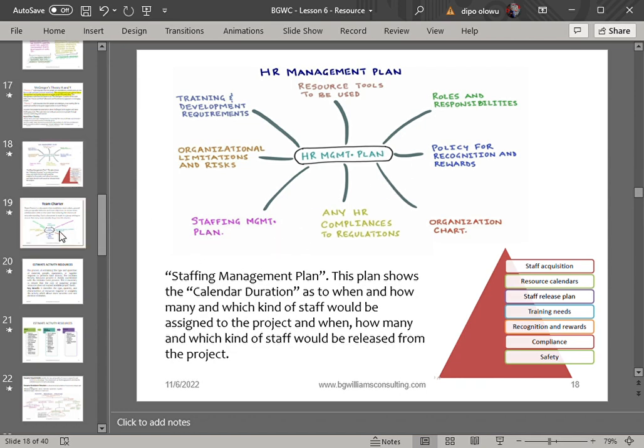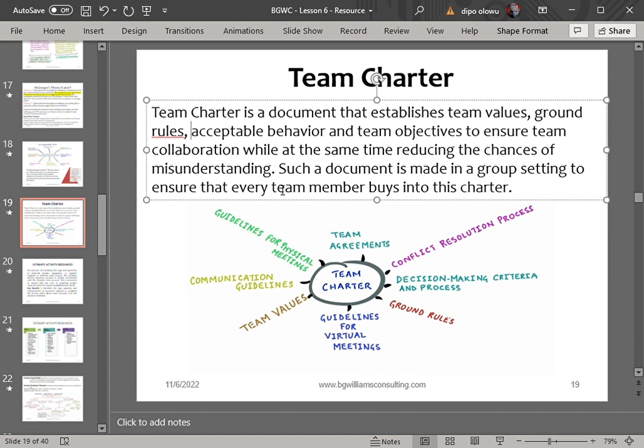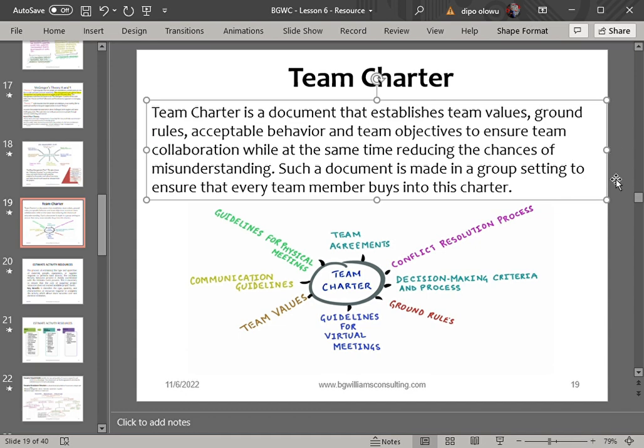All right. So now, one other thing that is important to discuss during the planning stage of your resources is what we refer to as a team charter. What is a team charter? A team charter, in a nutshell, can be referred to as the ground rules, the team's norms, the team's values, those things that will become like a guiding principle for everybody who is working on the project.